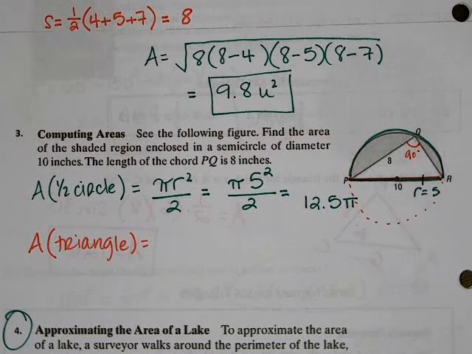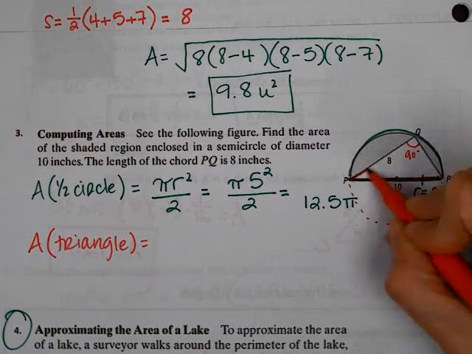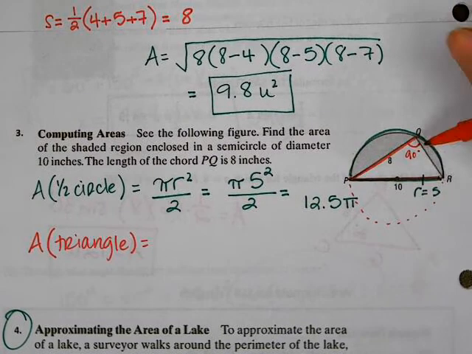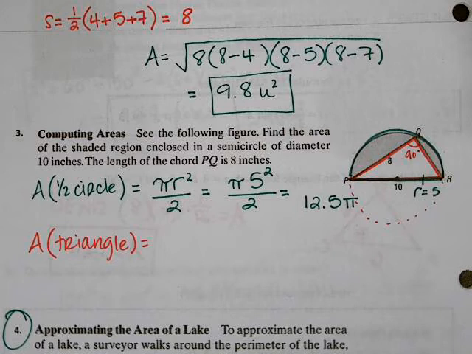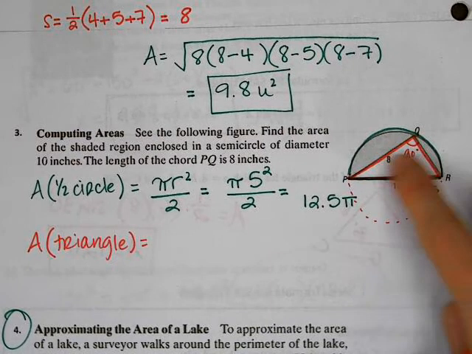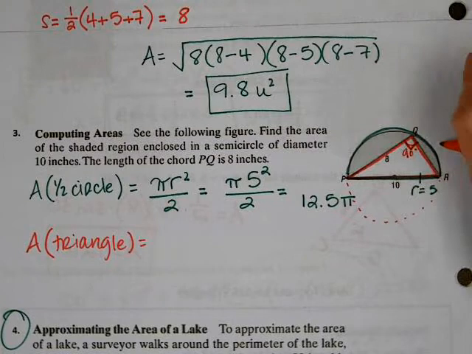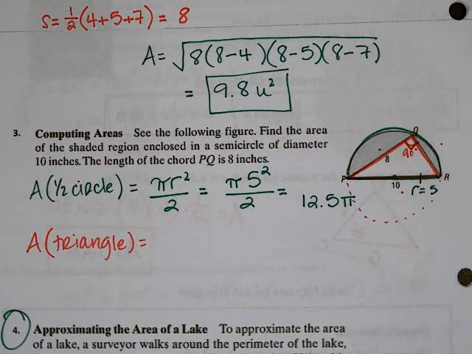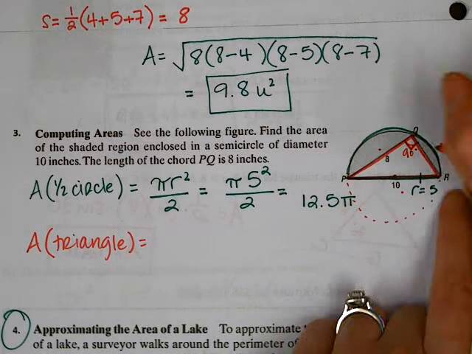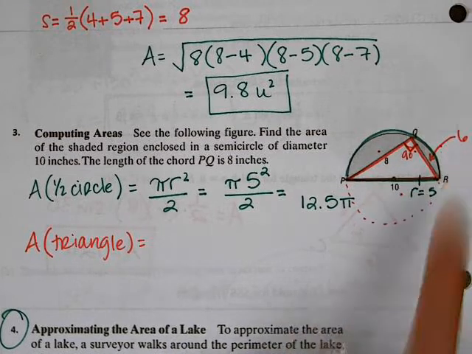If we use 8 as the base, how can we find the height? We could just use the Pythagorean theorem because it's a right triangle. And this is probably a 3, 4, 5 triangle multiplied by 2, so this side is 6.